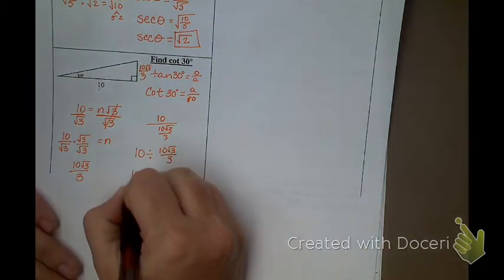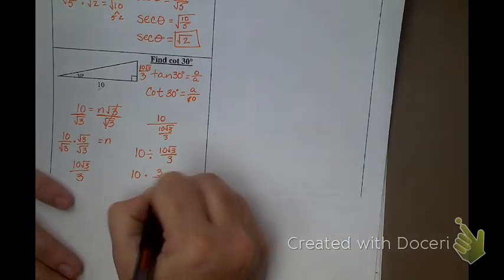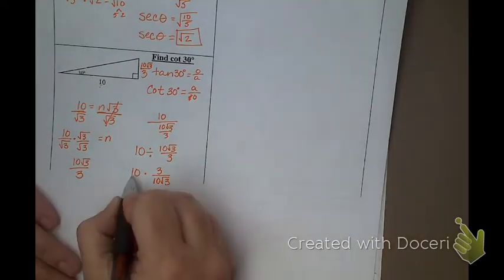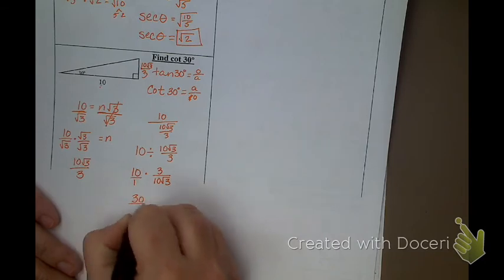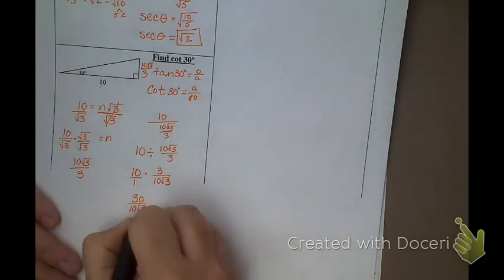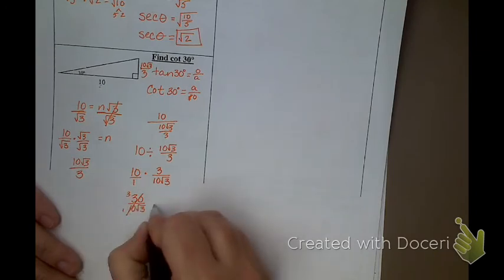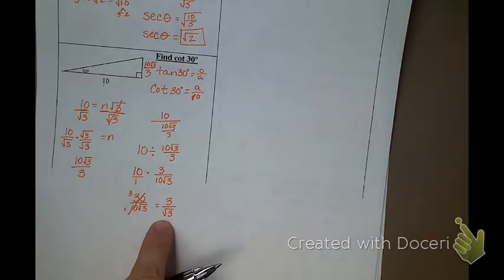Well, you keep the first the same, change it to multiplication, flip the second one upside down. That gives me, if I call that 10 over 1, 30 over 10 radical 3. I can simplify this to a 3 and a 1, so it's 3 over radical 3. So the cotangent of 30 degrees is 3 over radical 3.